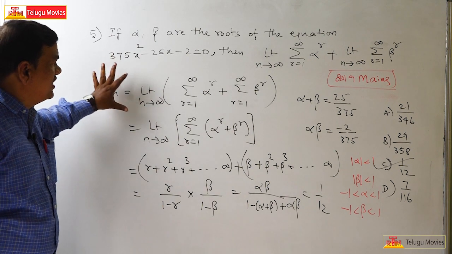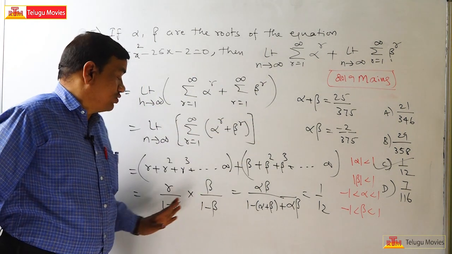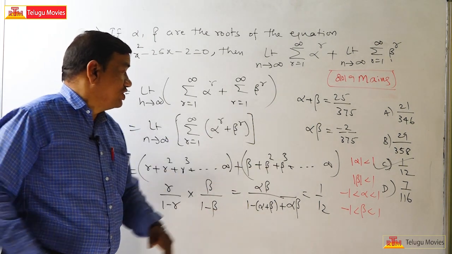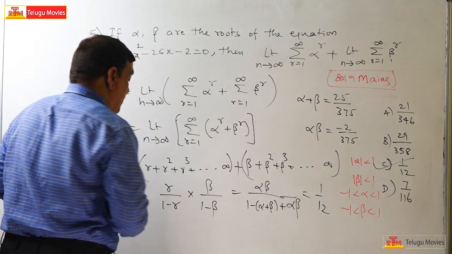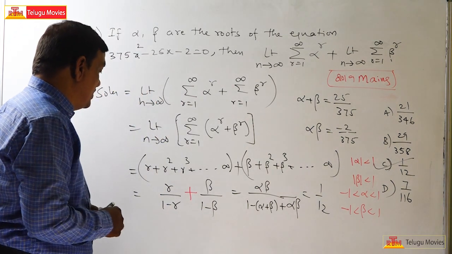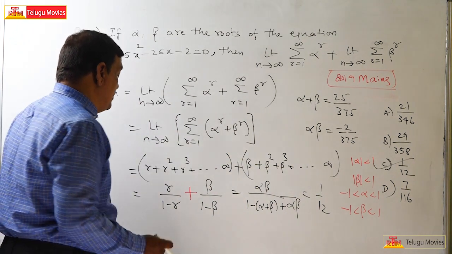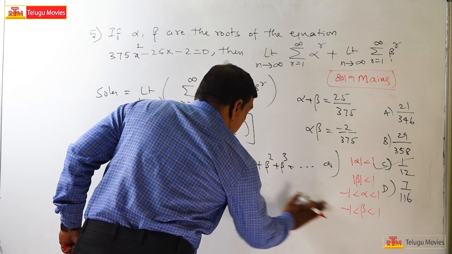So first you can write this and expand it. This is an infinite geometric progression. Here one more correction: it is plus here, not minus. That's why we will get the option.